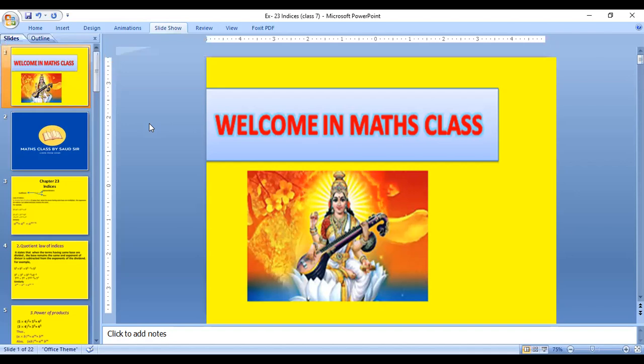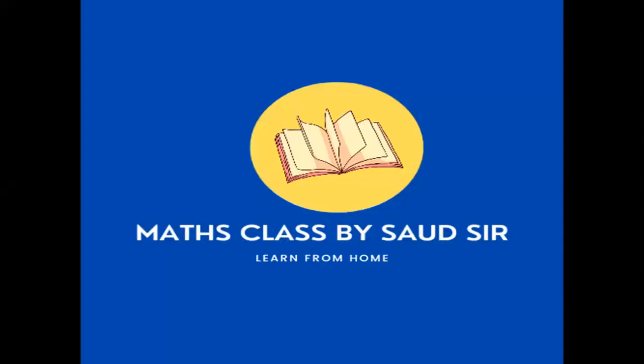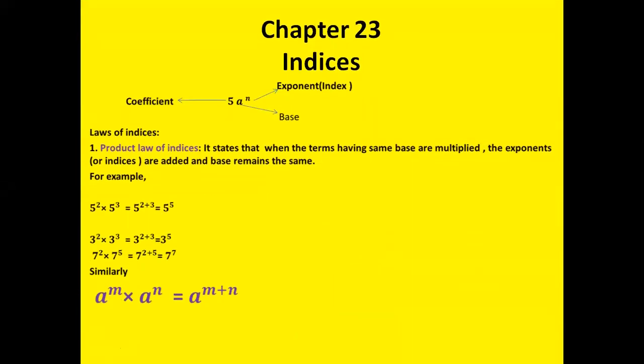Now here, in this one, look here, 5a to the power n. This 5 is known as coefficient, this a is base, and this n is exponent. Index, you can tell power also.